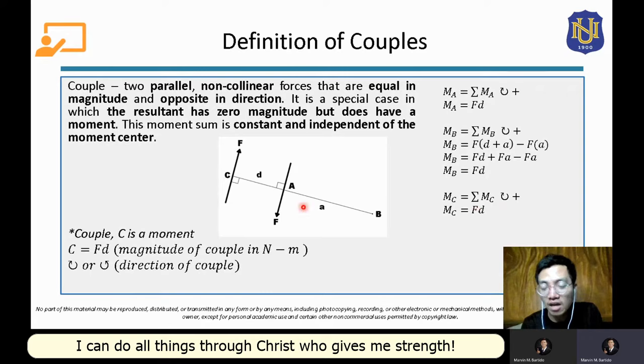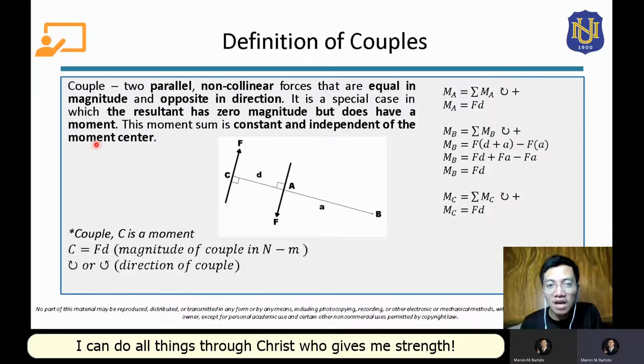So this is an important concept about couple. As you can see also in the pre-assessment that you answered, we know that those two forces are a couple, and as we computed, at any point it will give you the same moment effect, the same direction and the same magnitude of moment, because that is the concept for couple.